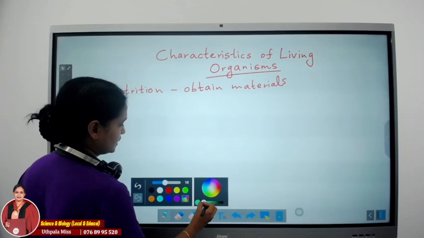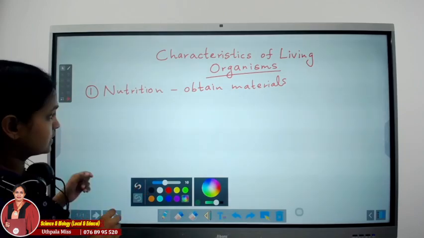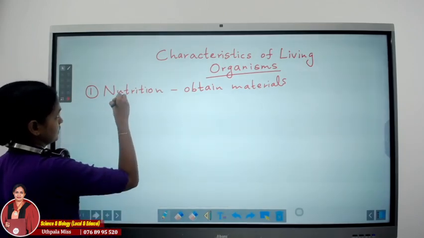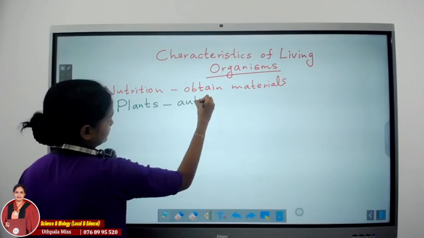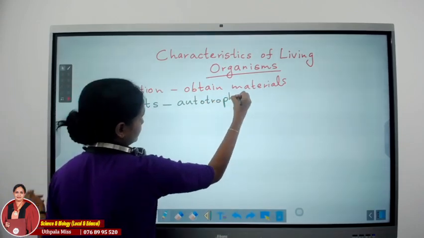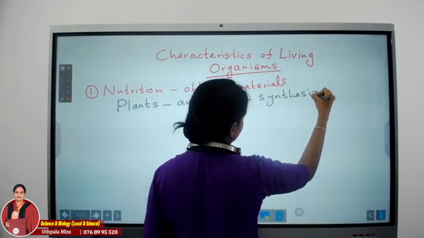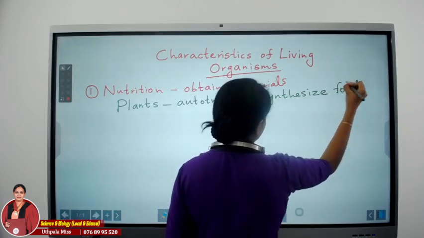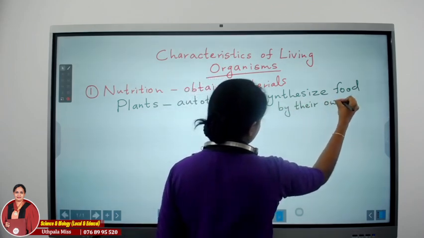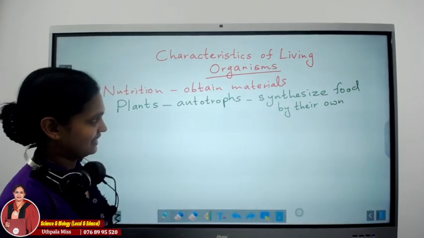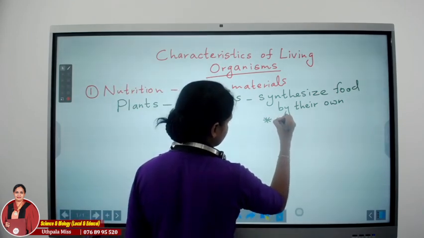So they are known as autotrophs, because they have the ability to synthesize food by their own. The process by which they produce food is known as photosynthesis.